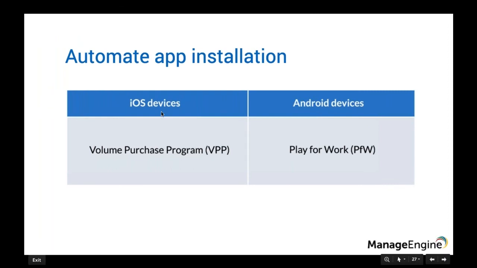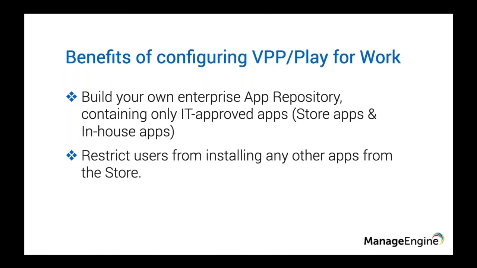In case of iOS devices, this can be achieved using Volume Purchase Program. And in case of Android devices, it can be achieved using Play for Work. We'll look at each of these methods in greater detail one by one. But before that, let us understand the benefit of configuring VPP and Play for Work.